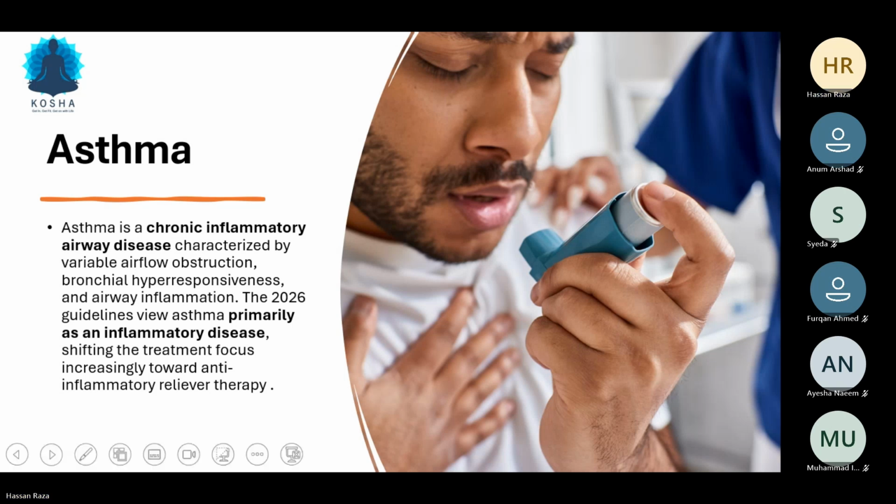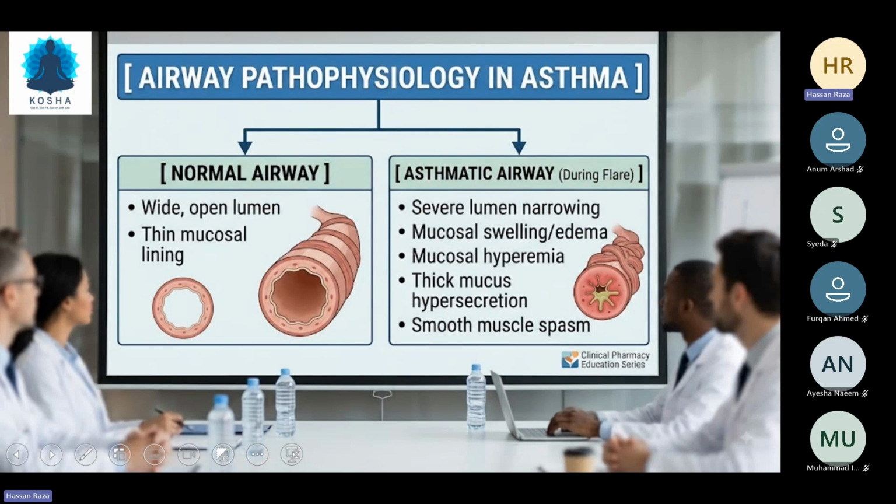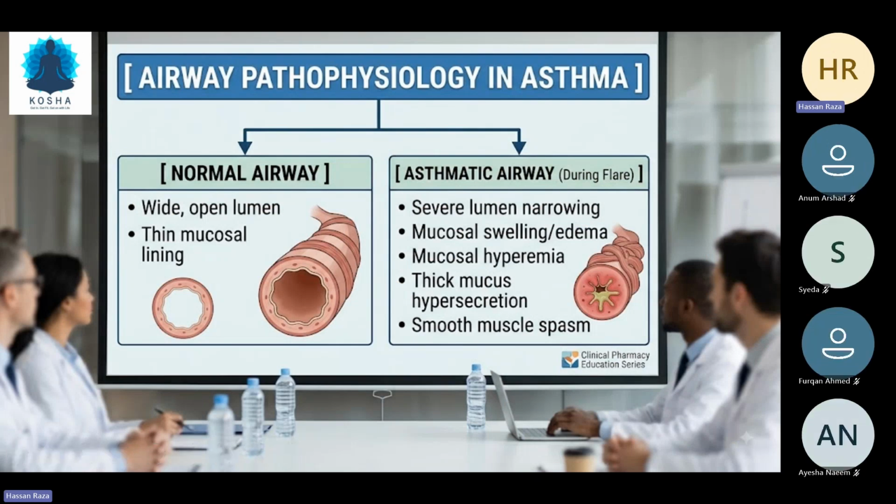Now, this is very important to understand when a patient has an asthmatic attack. You can see this in the picture. On the left side, you can see a normal airway. Its lumen is wide open and it has a thin mucosal lining. But what happens if a patient has an asthmatic attack?